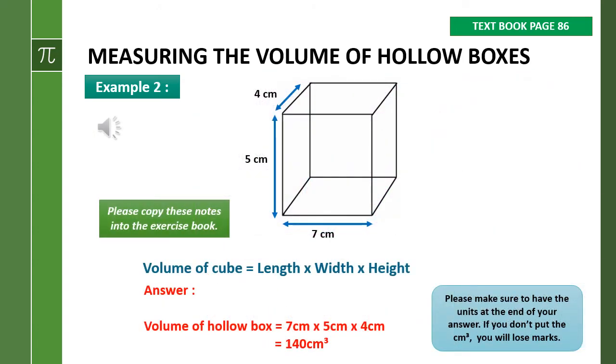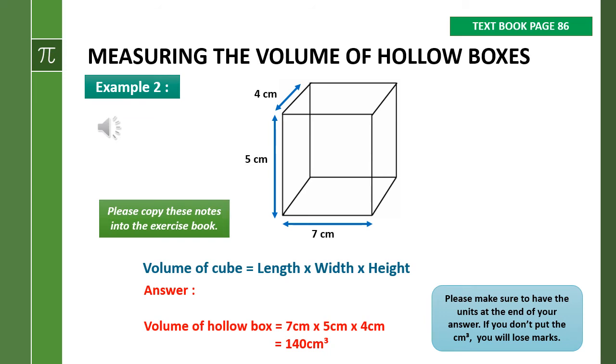Let's look at the second example. The length for this box is 7 centimeter. The height is 5 centimeter. The width is 4 centimeter. Now, let's start the calculation. Volume of cube, length times width times height.